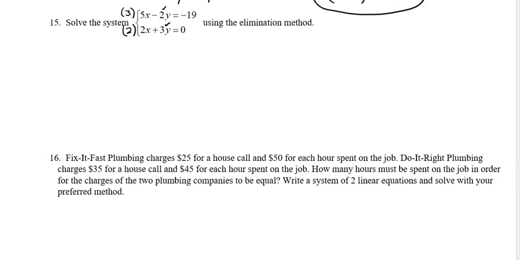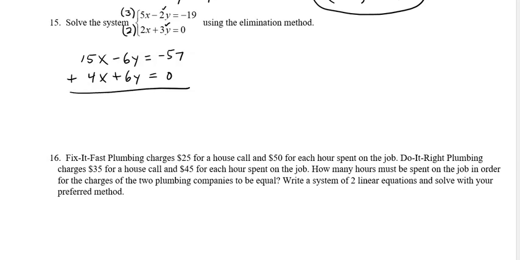So they will wash each other out when we add these together. So 15x minus 6y is equal to -57. 4x plus 6y is equal to 0. So make sure you multiply by all the terms in the equation, everything.